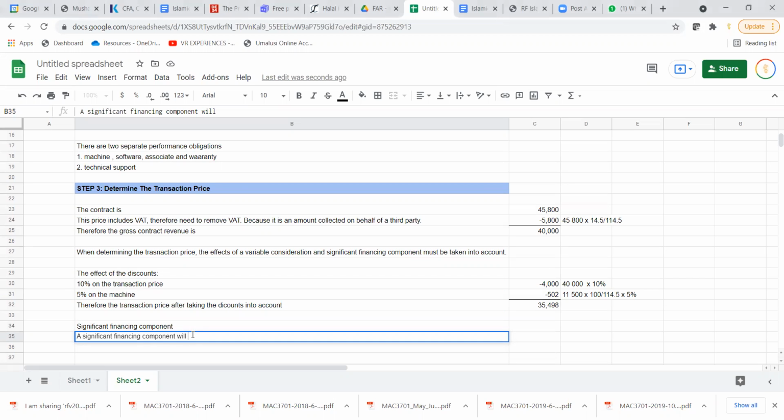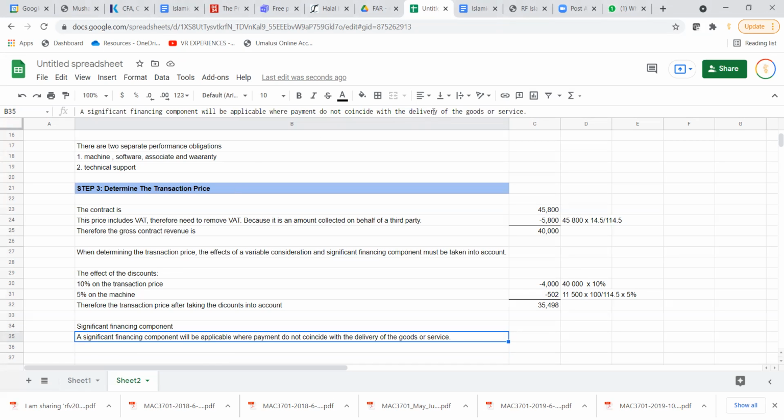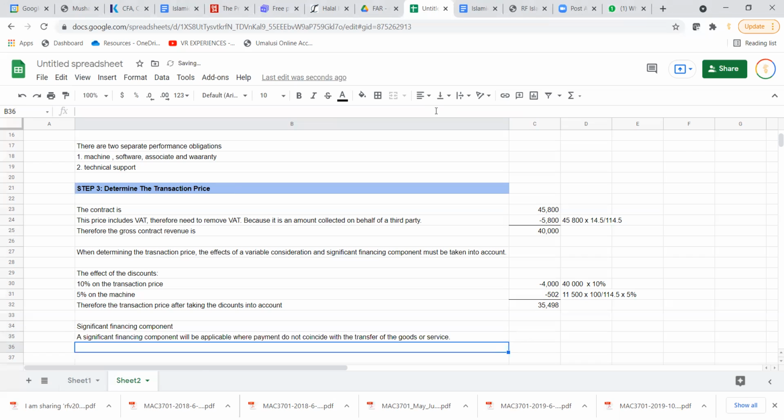A significant financing component will be applicable where payment does not coincide with the transfer of the goods or service. I don't want to use the word delivery; I think transfer is the term that IFRS 15 uses.